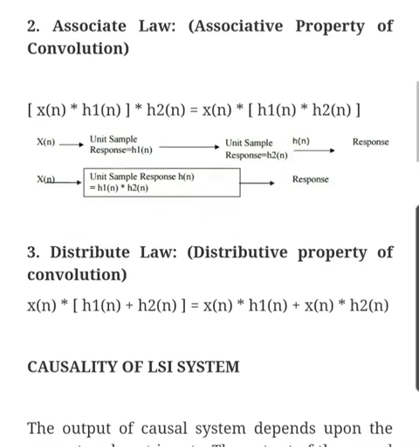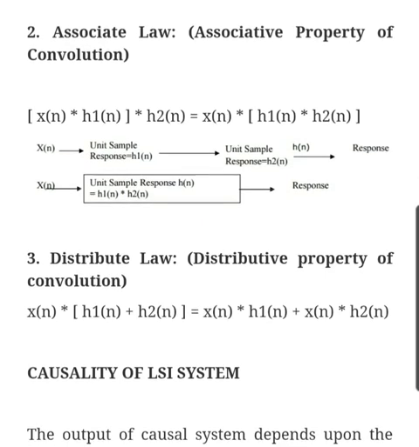And the meaning of the associative property is that we can replace a cascade combination of LTI systems by a single system whose impulse response is the convolution of the individual impulse responses.